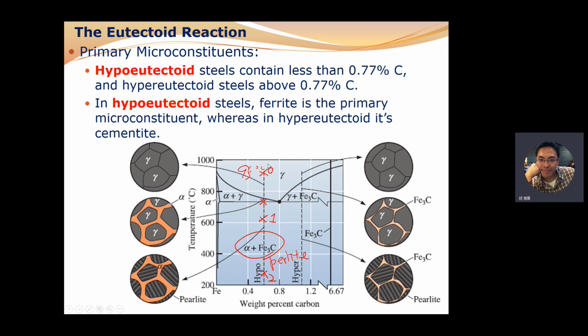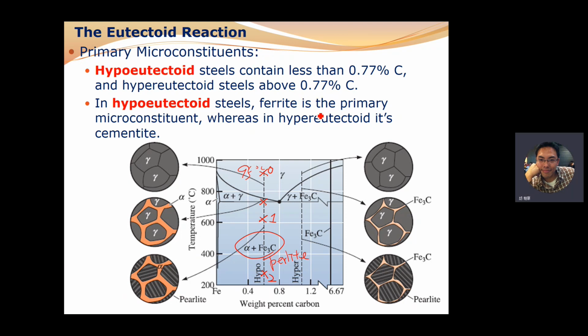From this point 0, the temperature cools to temperature 1, and the structure will be pearlite. The same thing, we start from 950 Celsius and cool to the point 2 temperature, and the structure is still pearlite. However, the microstructures are different.